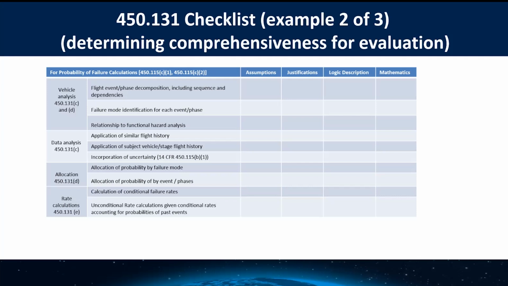And it also goes into calculating what the differences of observed conditional rate are as for 450.131E. Unconditional rate is the probability of failure rate based on phase of flight occurring given that previous phases of flight was completed successfully, which is the final product that goes into 450.133 and 135.